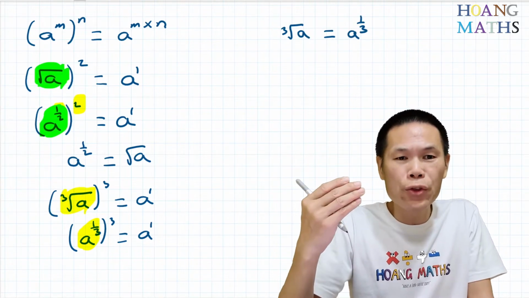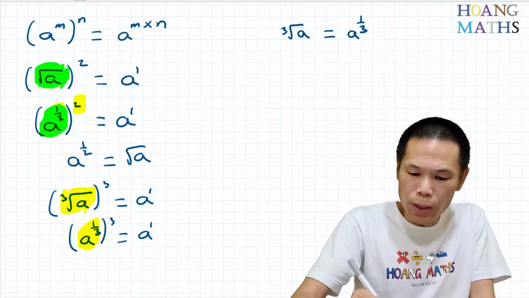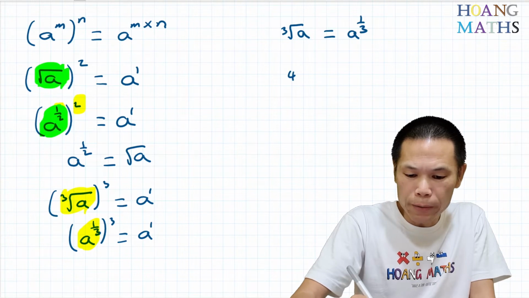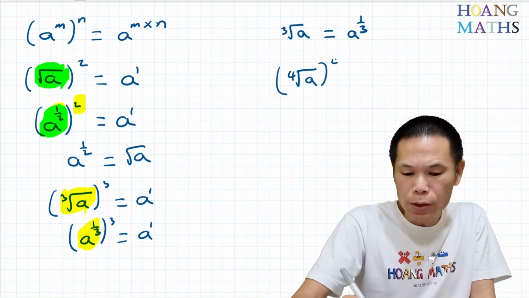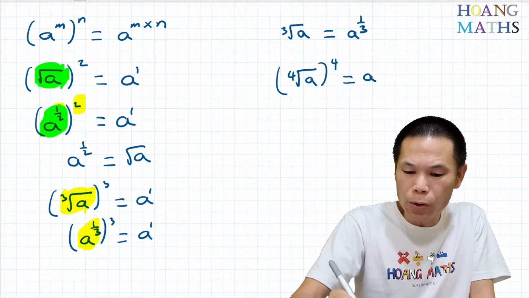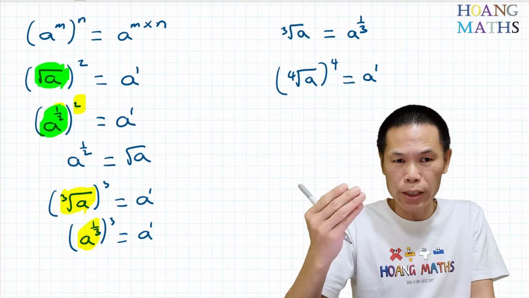So what about the fourth root of x? The opposite of the fourth root is power of 4. So let's say I have the fourth root of x. If I raise it to the power of 4, that should give me x, or x to the power of 1 if you like, because they're opposite each other, so they cancel each other out.